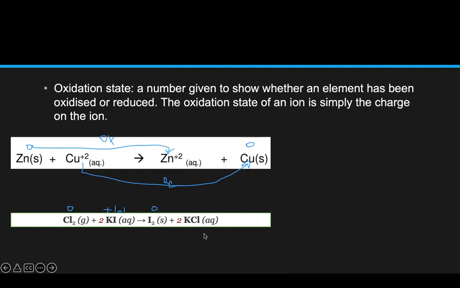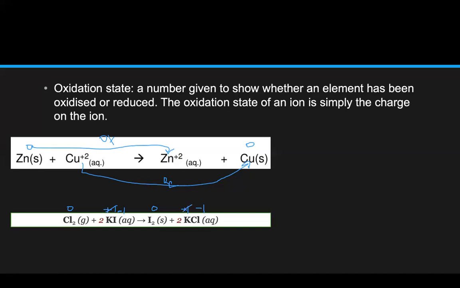While in this aqueous solution, potassium has a charge of +1, and chlorine is in group 7, so it has an oxidation state of -1. So K potassium ions cancel out. We're left with chlorine, and the reactants plus iodine gives us iodine plus chlorine. So we can see here that chlorine displaces iodine to form potassium iodide solution.